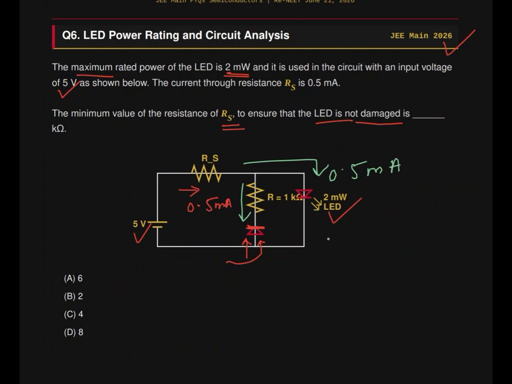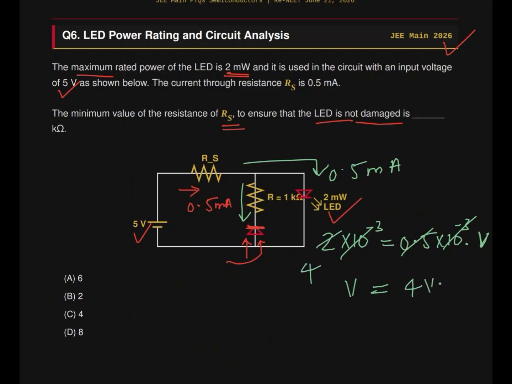We have the maximum allowed power as 2 milliwatts. That is 0.5 milliamps times the voltage drop across this LED, which will be, if you cancel it, 4, right?